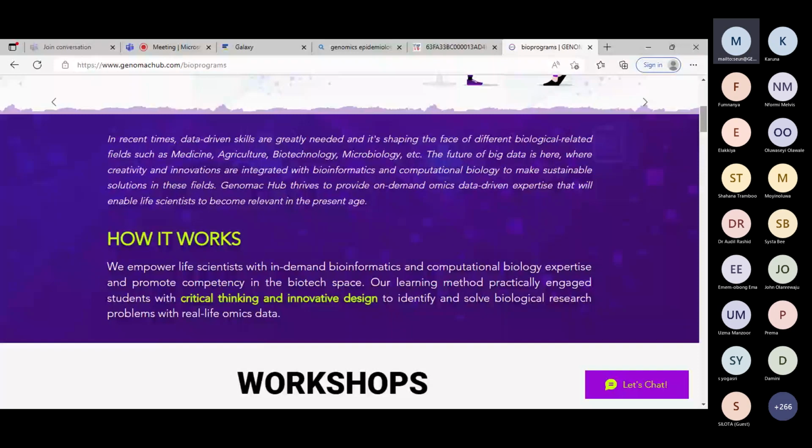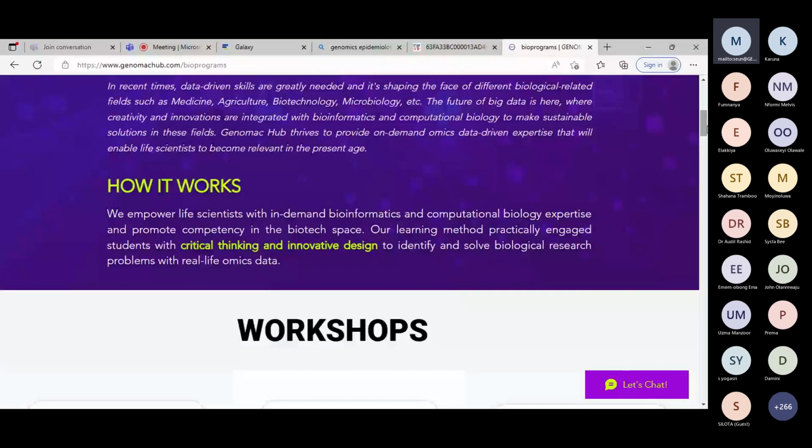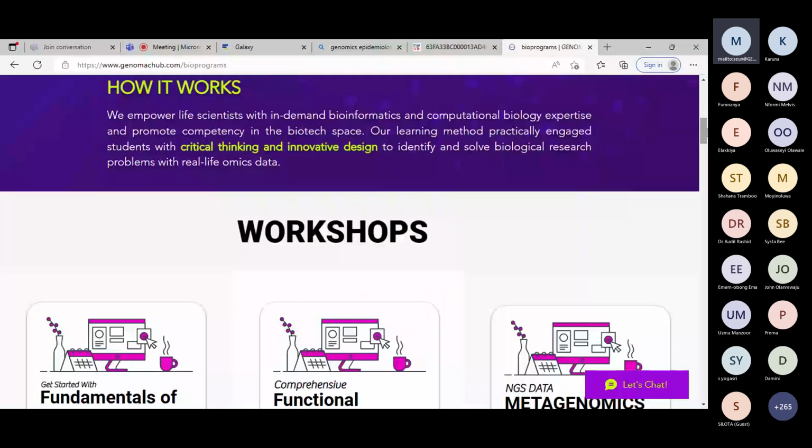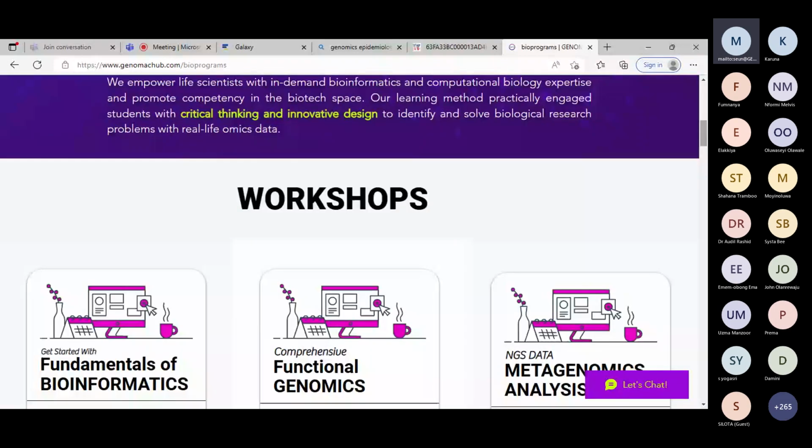Genomics tries to provide on-demand omics data-driven expertise that will enable life scientists to become relevant in the present age. We empower life scientists with in-demand bioinformatics and computational biology expertise. Our learning method practically engages students with critical thinking and innovative design to identify and solve biological research problems with real-life omics data.